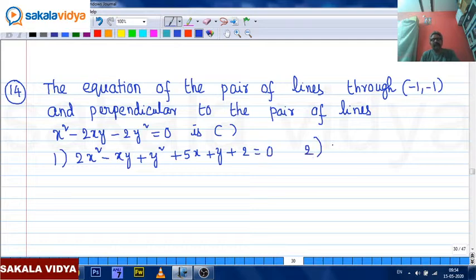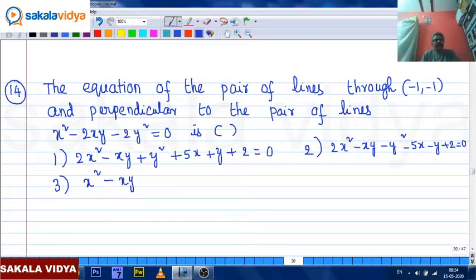Second option, 2x square minus xy minus y square minus 5x minus y plus 2 equals 0. Third option, x square minus xy plus 2y square minus 5x minus y minus 2 equals 0.